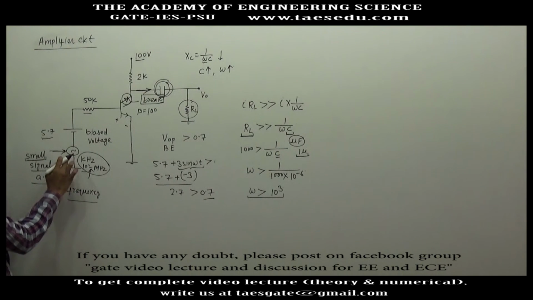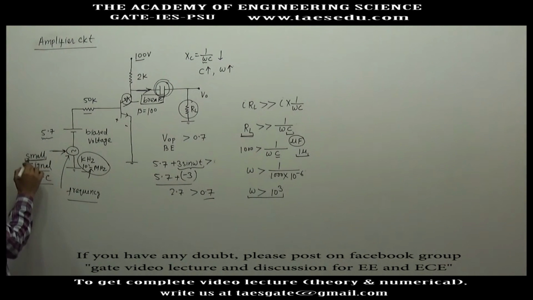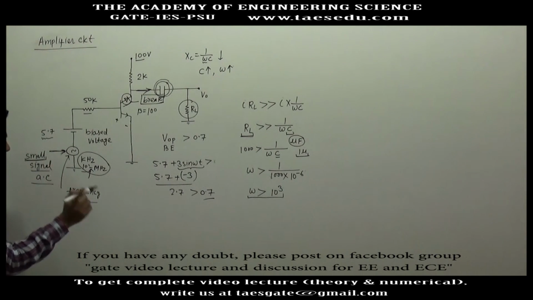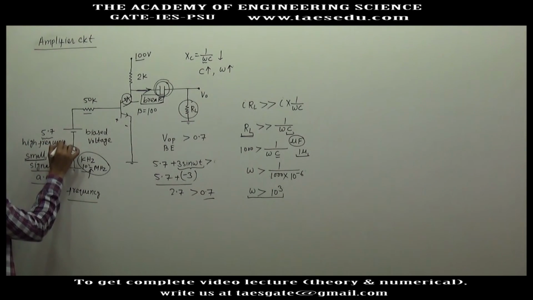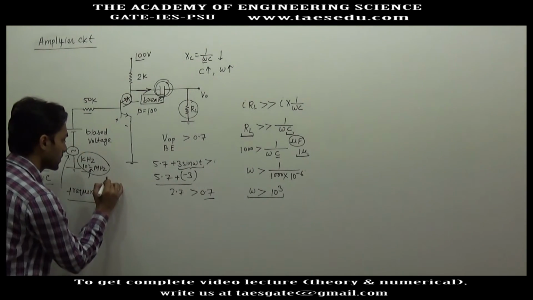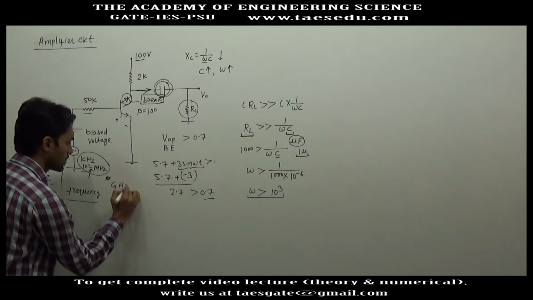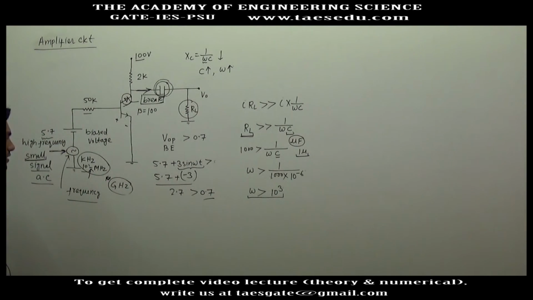So we have already decided this signal should be a small signal, and the frequency should be high, but not more than megahertz, not in gigahertz, because there are other problems I will discuss in another lecture.